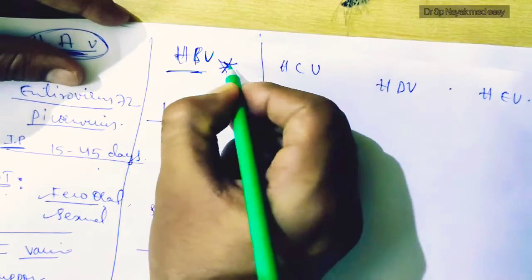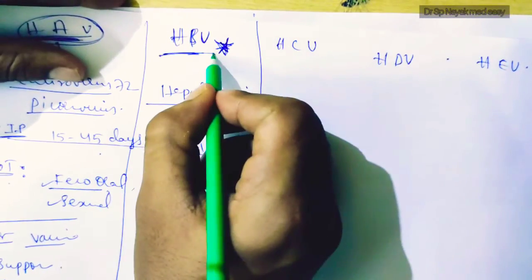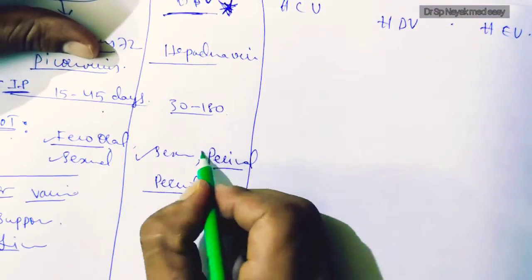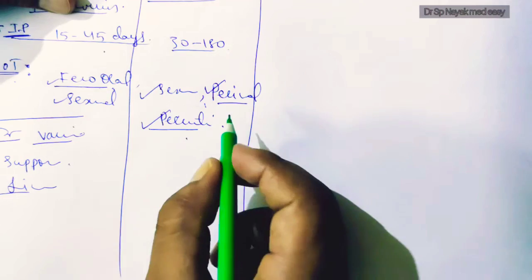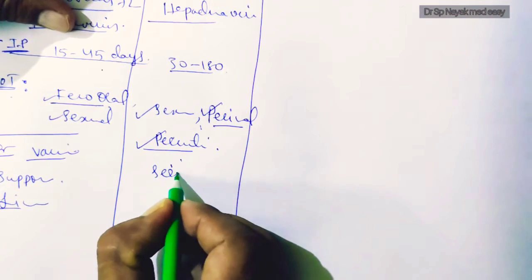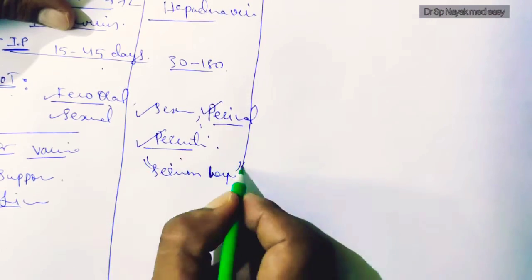Hepatitis B is very important because the most commonly occurring viral hepatitis is hepatitis B, and it is spread by the sexual, perinatal and percutaneous routes. Okay, so this is a very important point. And hepatitis B is also called serum hepatitis. This is important.